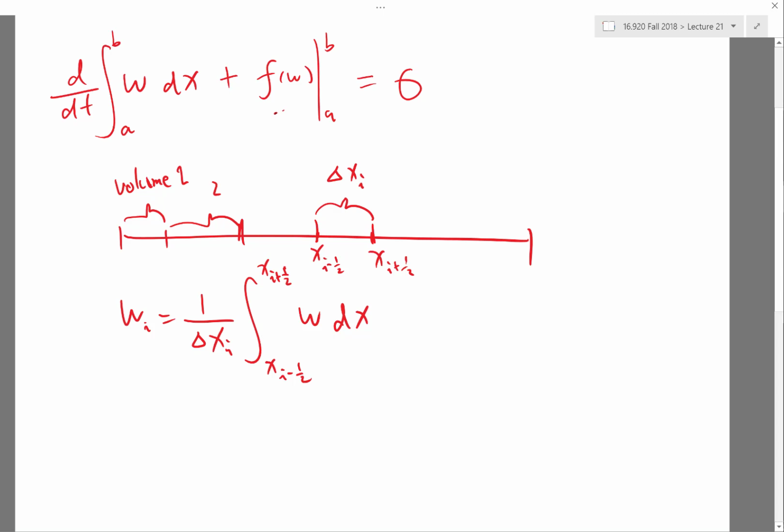So the flux, which has to be evaluated at xi plus half and xi minus half, has to be approximated, right? That's the finite volume approximation.